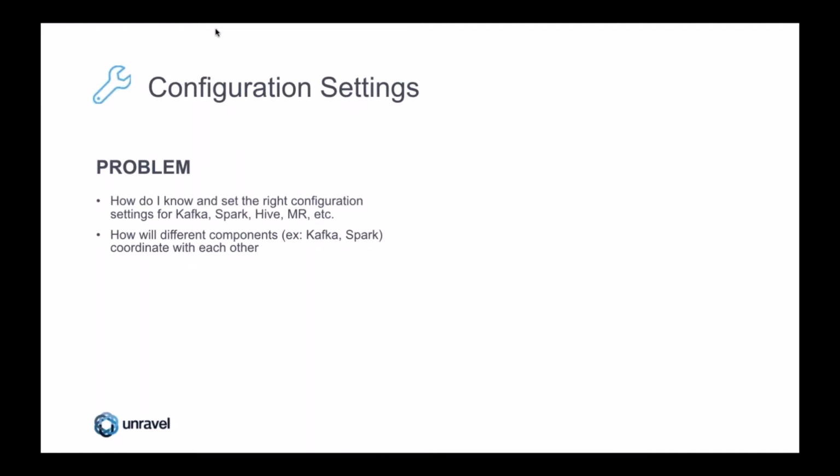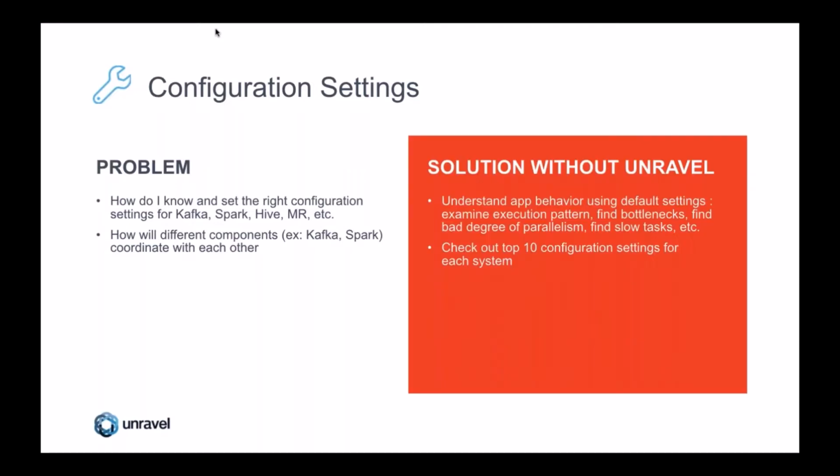They dictate how many resources an app gets, what the size of each task is, whether that's a good degree of parallelism, what the batch size will be, what the buffer memory size is for Spark or Kafka, etc. And also these configuration settings dictate how these different components will talk to each other. Because your workflow may have Kafka, it may have Spark, it may have some Hive jobs as part of it. And you want to make sure that everything works properly like a well-oiled machine. So getting these configuration settings right is absolutely critical.